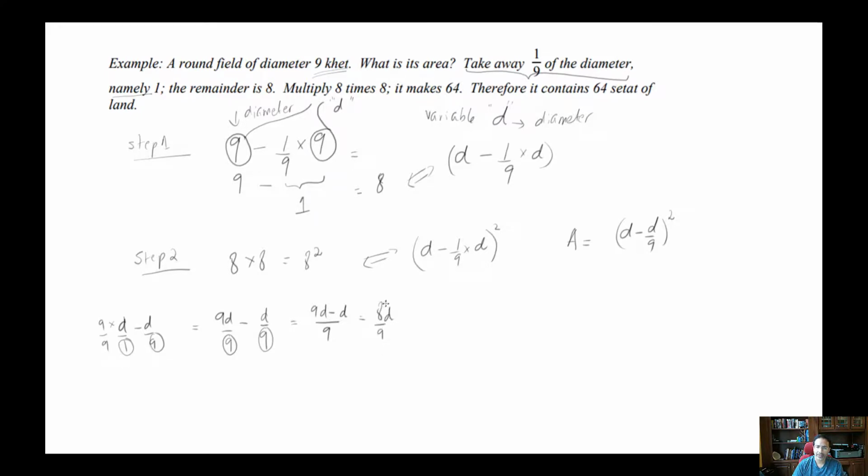Now let's take this value and plug it in here. So now the area is going to be equal to (8 over 9 d) squared. So now this is pretty cool, right? The Egyptians came up with the area of the circle.